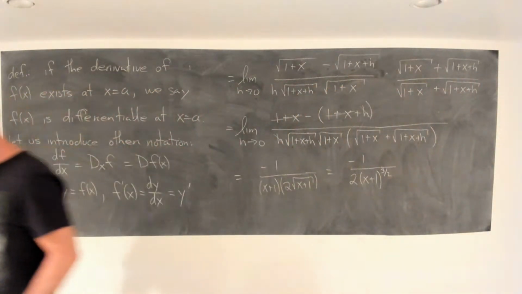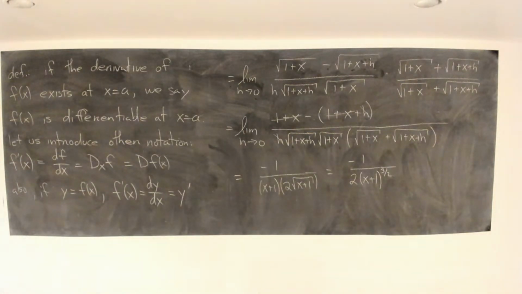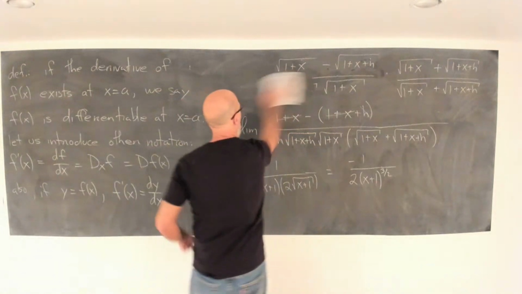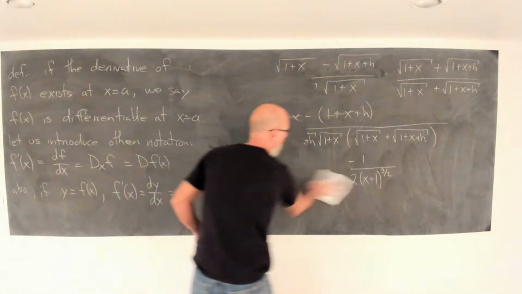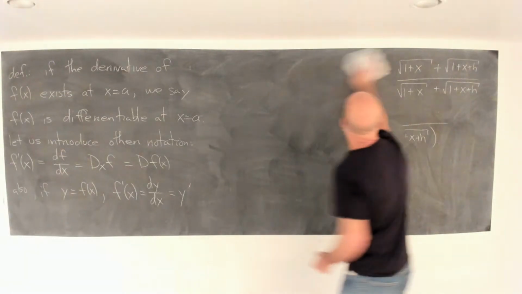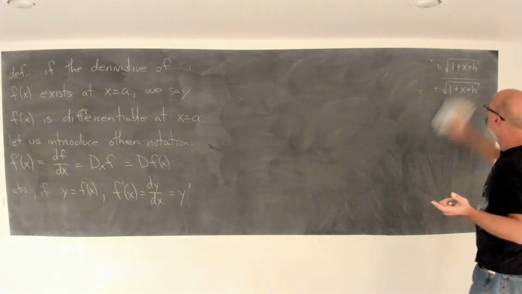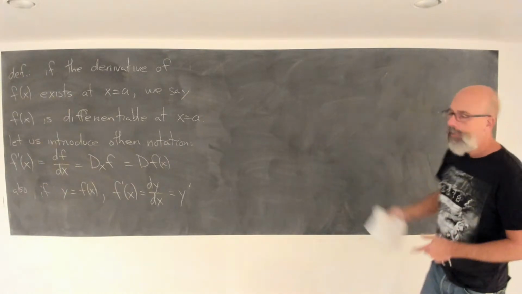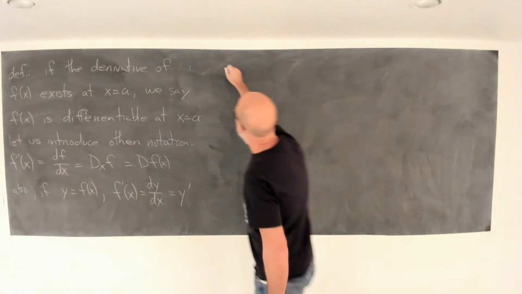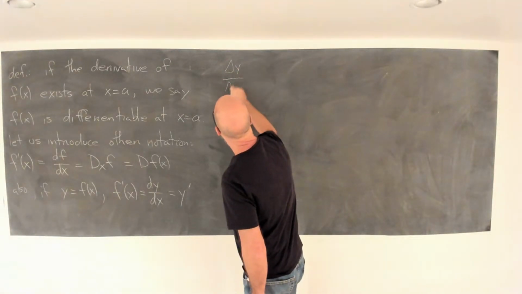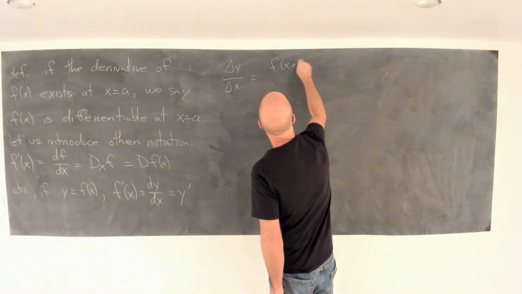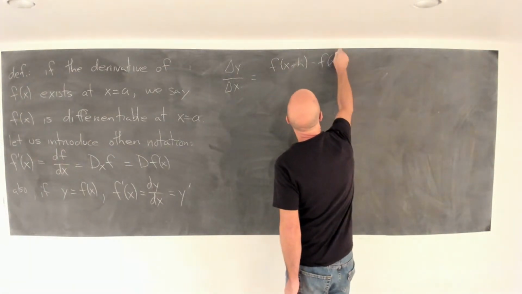But let's understand why this notation, where does it come from? This dy dx business. Remember that the derivative is really the rate of change, the change in y over the change in x. We introduce this delta y over delta x business, or f of x plus h minus f of x over h.